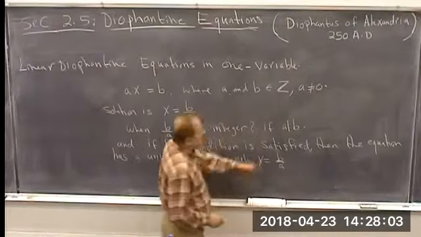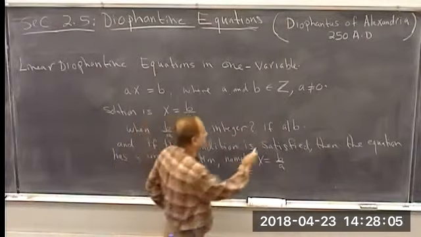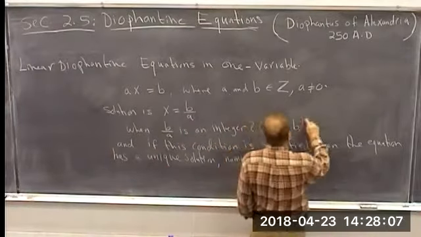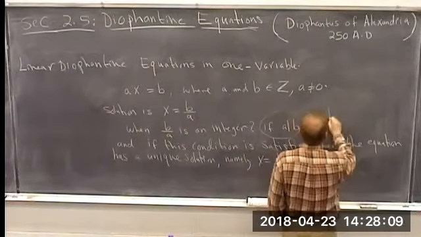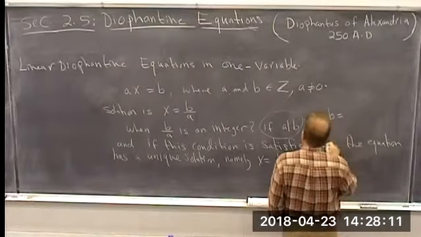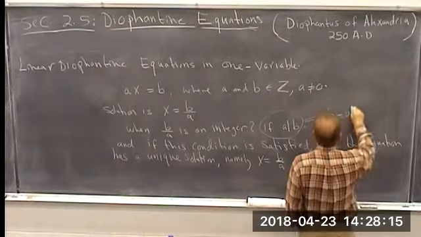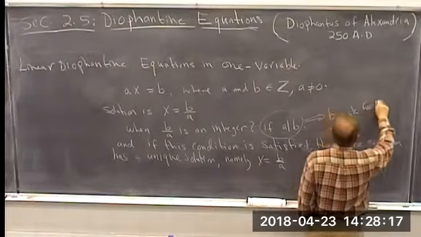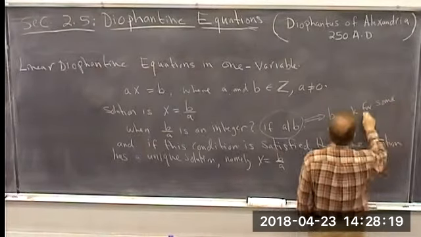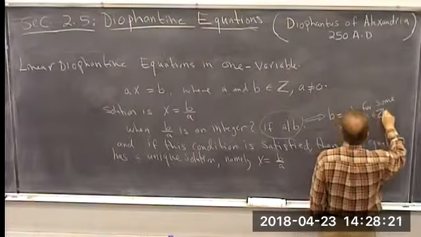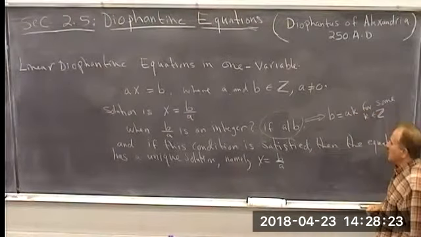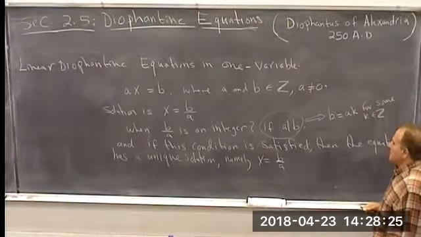This is because a divides b implies that b is equal to a times k for some k in Z. So that's what it means for a to divide b.